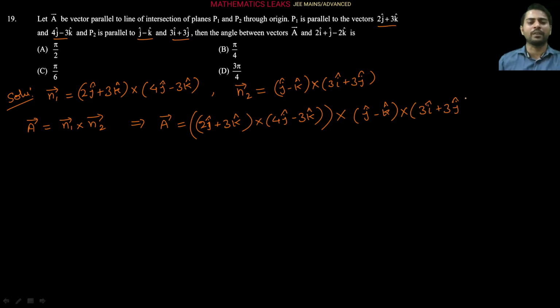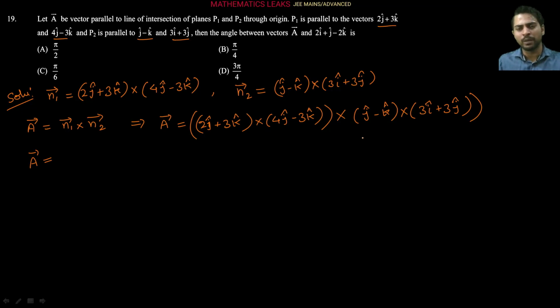So this is our A vector. Now it is also given that the angle between A and this vector is what they are asking. So let's first simplify what the A vector is. On simplification, we can either use the determinant method or directly do the cross product, we know very well.